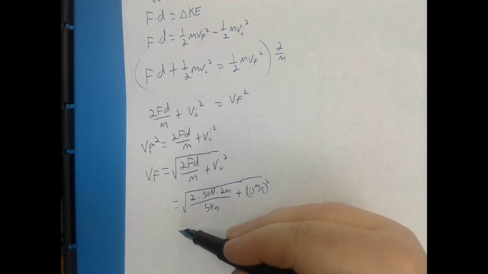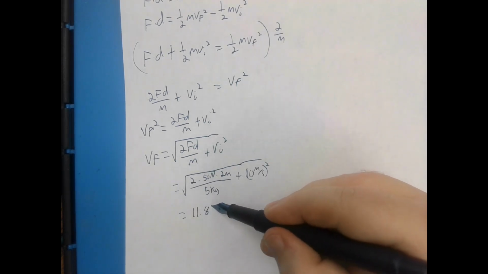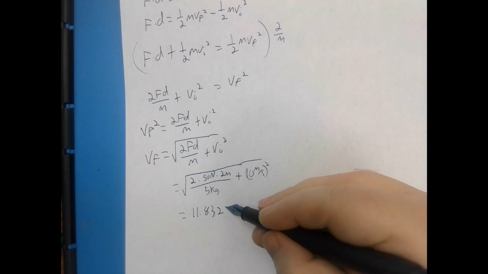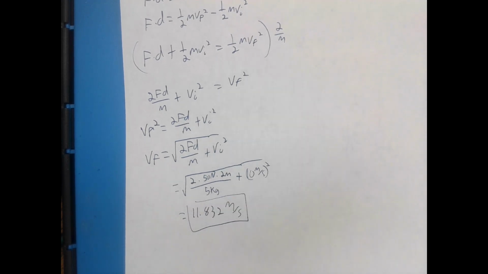And I get a final speed of 11.832 meters per second. Energy makes these equations a lot easier, and this gives us a way to keep using energy with work. We can use this equivalence to find final speeds quite easily.